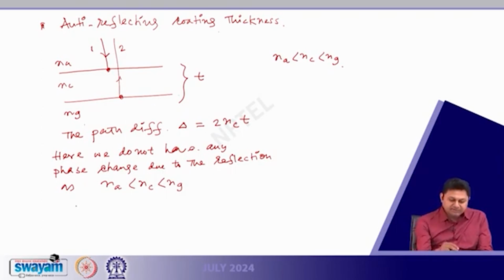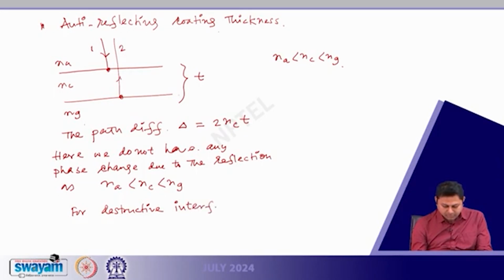So, for destructive interference, because it is the anti-reflecting coating, we can have 2 Nc t is equal to lambda by 2.